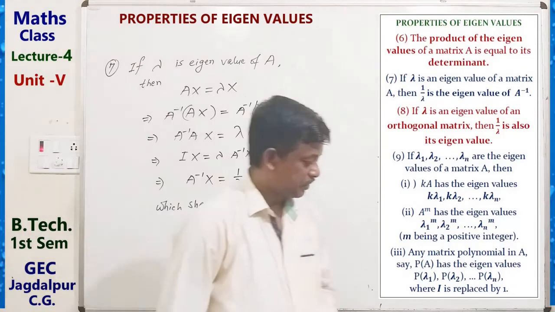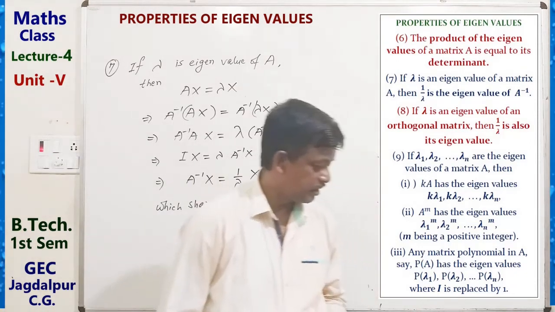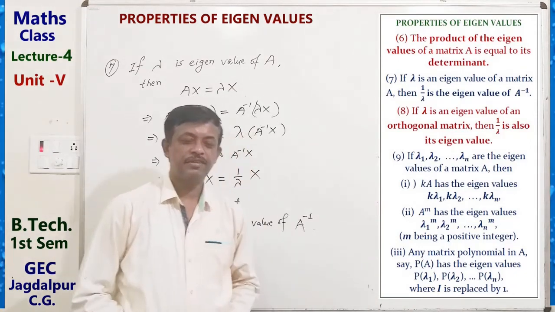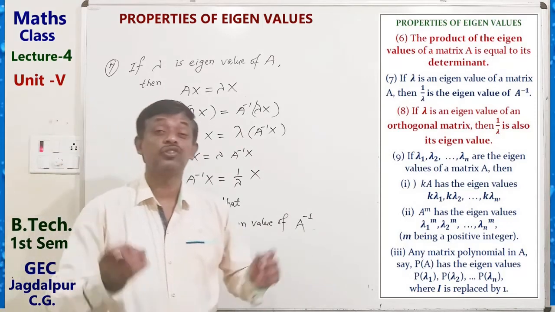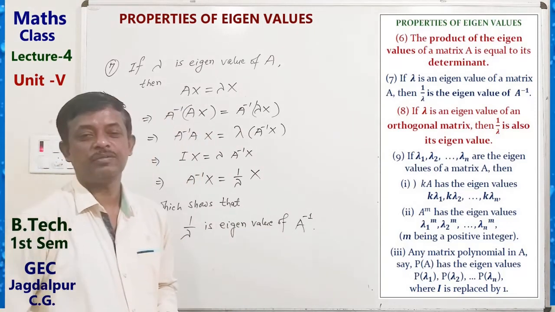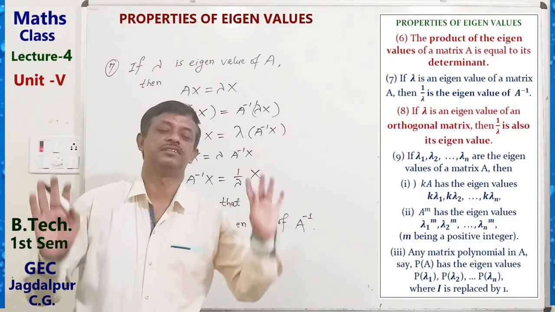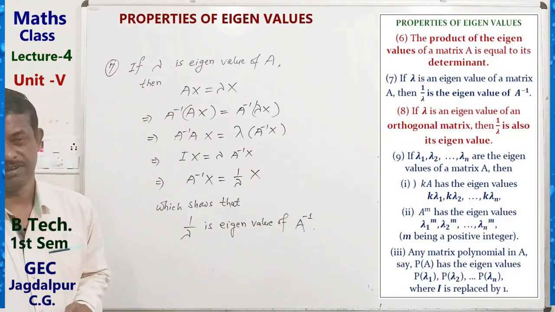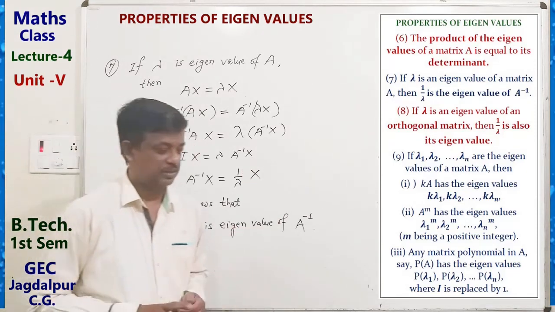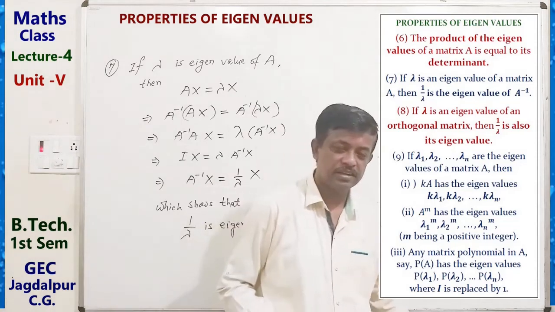Also important. 8th, if lambda is an eigenvalue of an orthogonal matrix, then 1 by lambda is also its eigenvalue. Orthogonal matrix. We know orthogonal matrix means what?